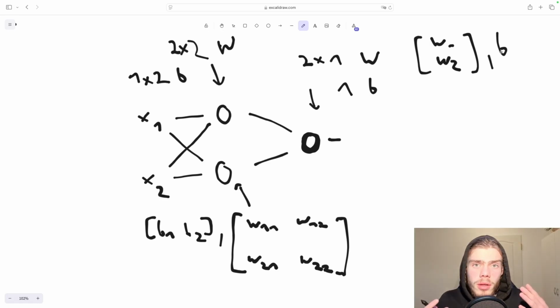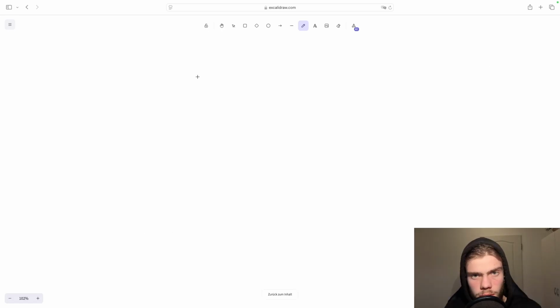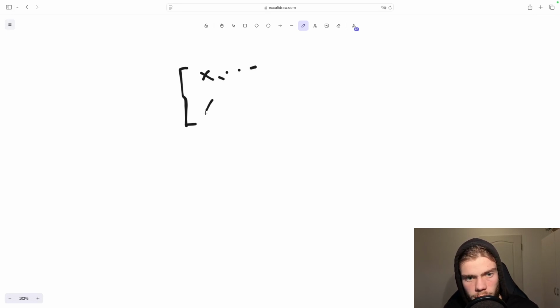So if you recall the last video, we said that when we take batches of input, so multiple inputs at a time, we have to replicate the bias row-wise. So for instance, we have an input vector that has 2 inputs, x1 and x2, with all of its features.